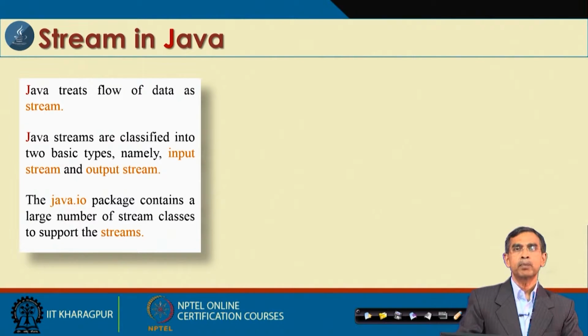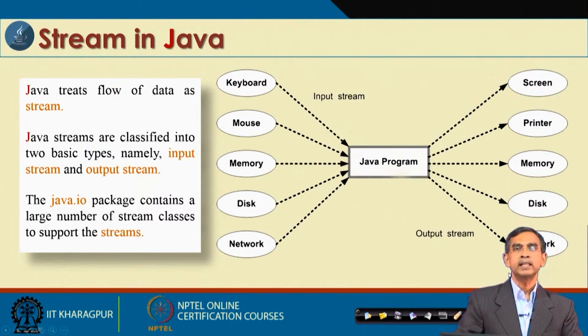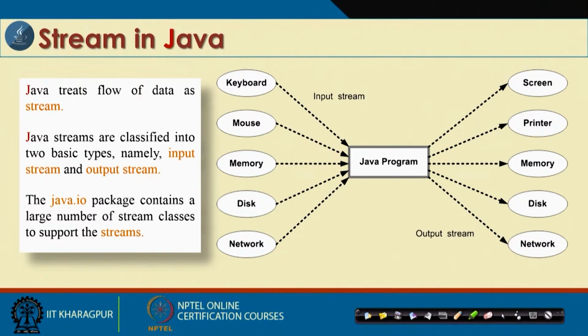Now, in order to provide versatility in the programming environment, Java developers provide a very good package dealing with input output streams. This package is called java.io. java.io can handle many types of devices as the source of input as well as many destination devices for the output.